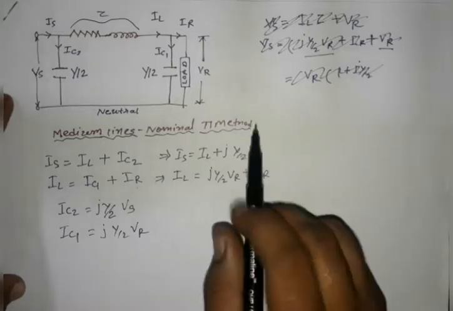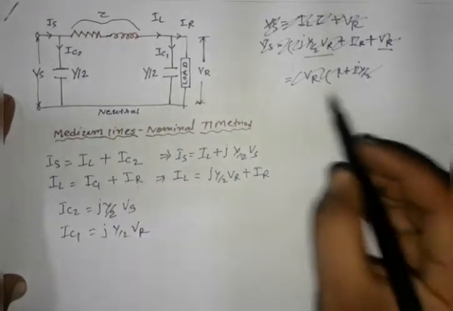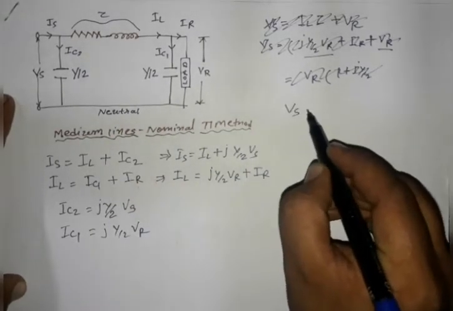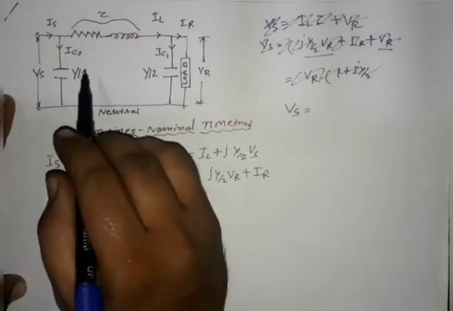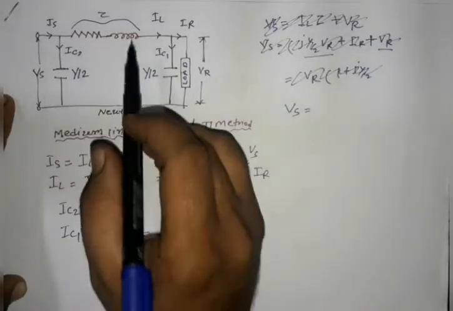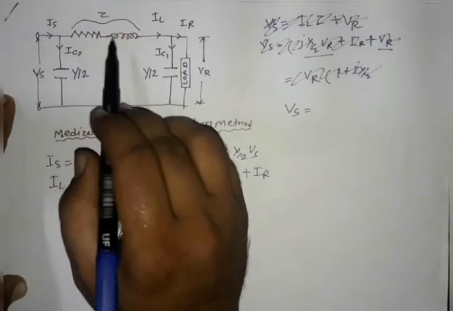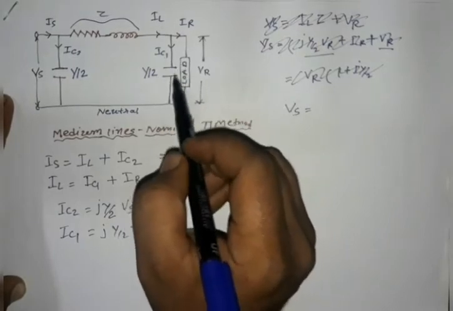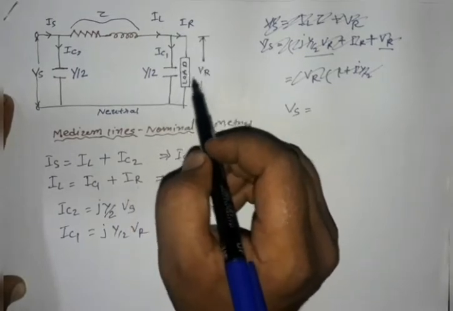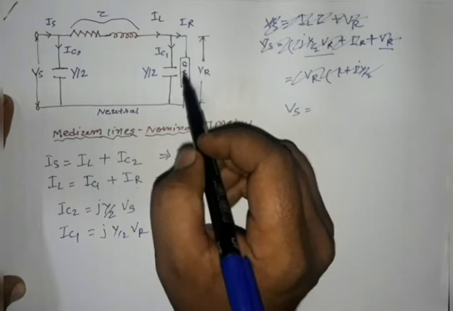Now here we see the sending end voltage equation. The sending end voltage Vs is equal to our impedance drop plus our receiving end voltage, because the capacitor voltage is parallel to the receiving end voltage Vr load.